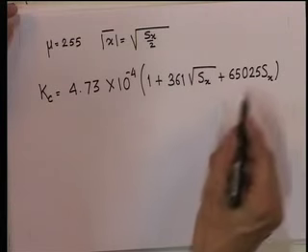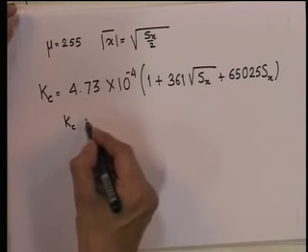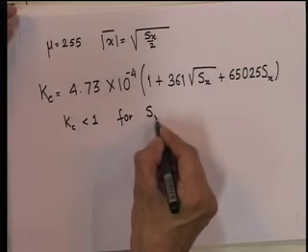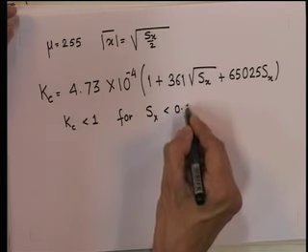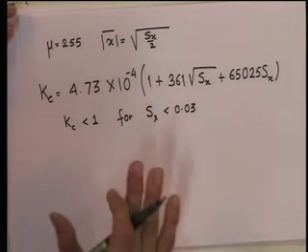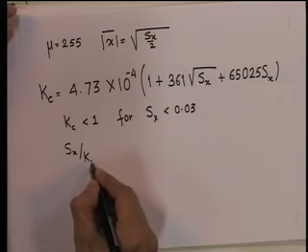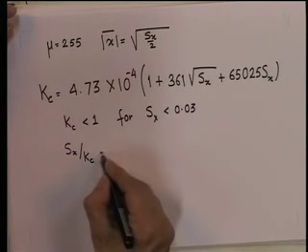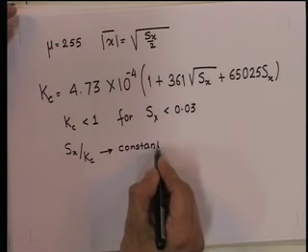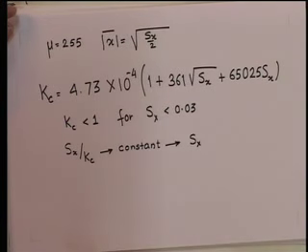Now, numerical evaluations then show that K C is less than 1 for S x less than 0.03, but more significant is the fact that S x by K C stays nearly constant over a wide range of S x.